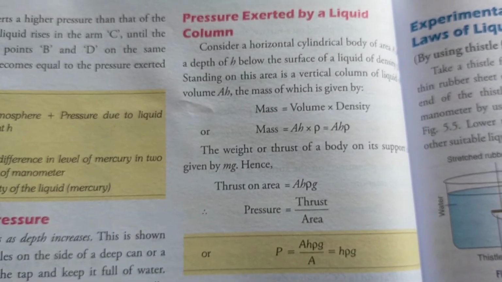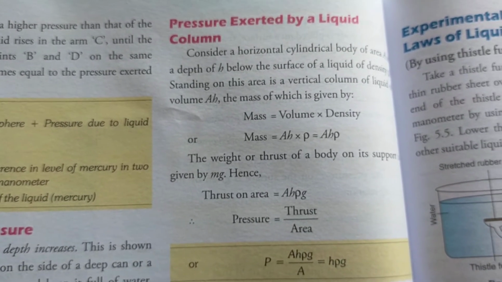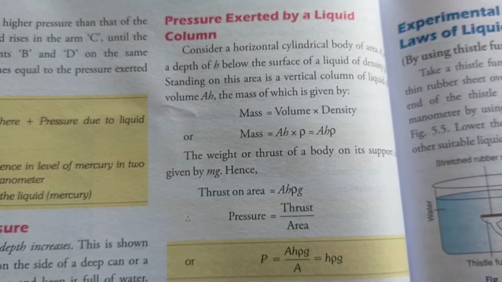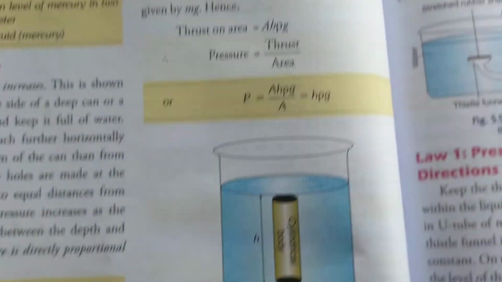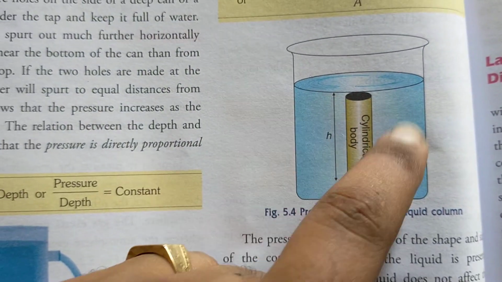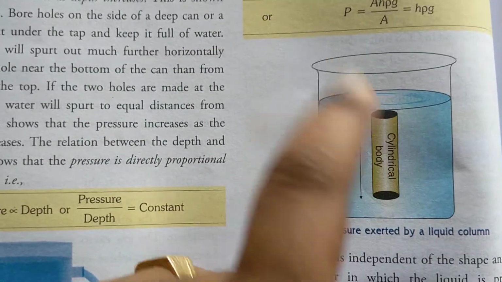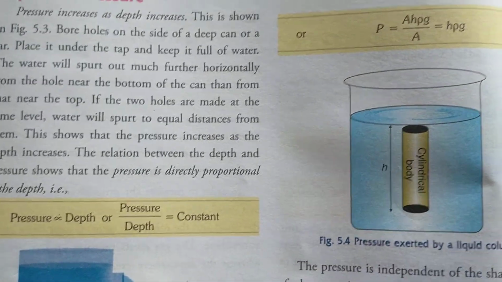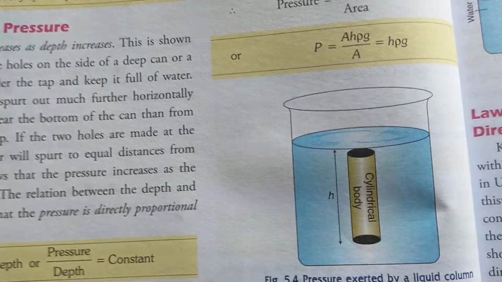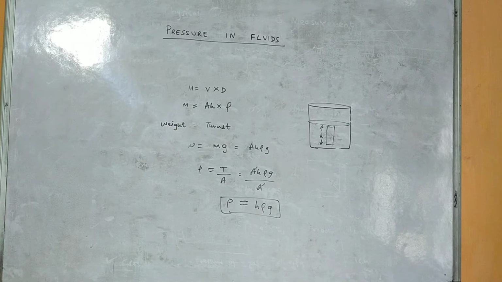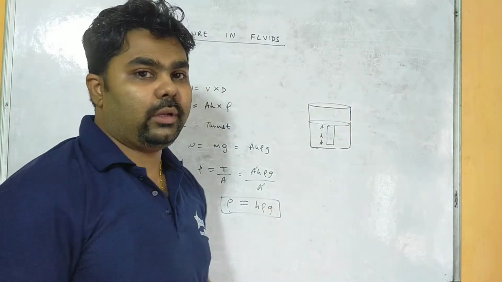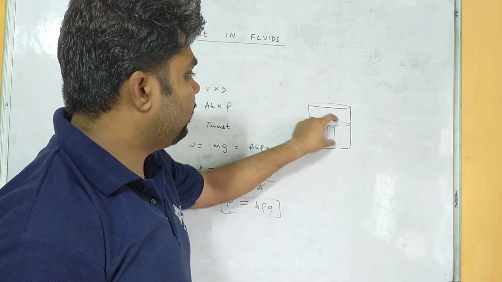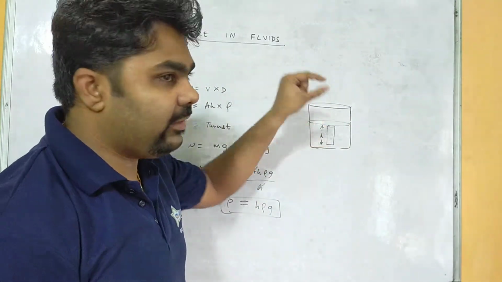So it is said here you have taken a horizontal cylindrical body of area A and height h. You can see here this body is taken and it is being dipped in a container containing water. As you have seen in the diagram, there was one vessel containing some liquid, and in that liquid one cylindrical body is immersed.